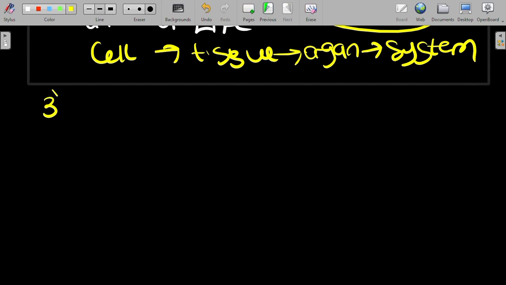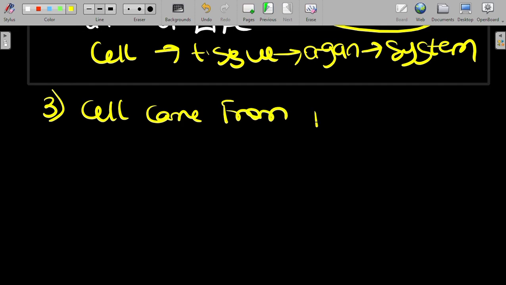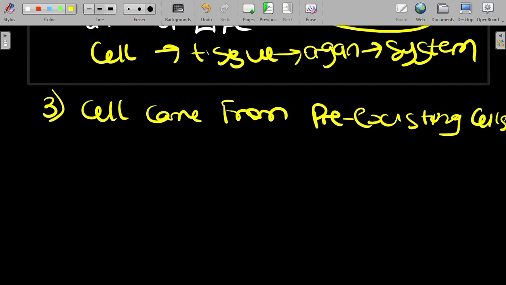So my third one is: cells came from pre-existing cells. So cells came from, meaning that for us to form a cell, there is already an existing cell.